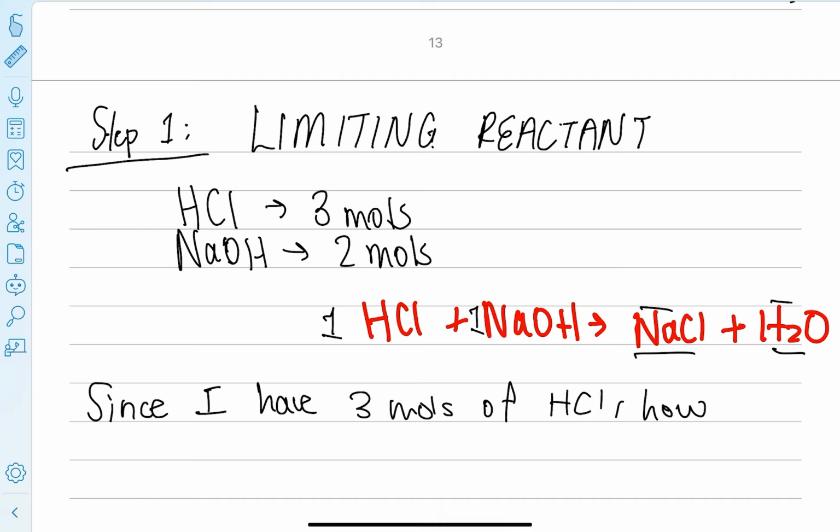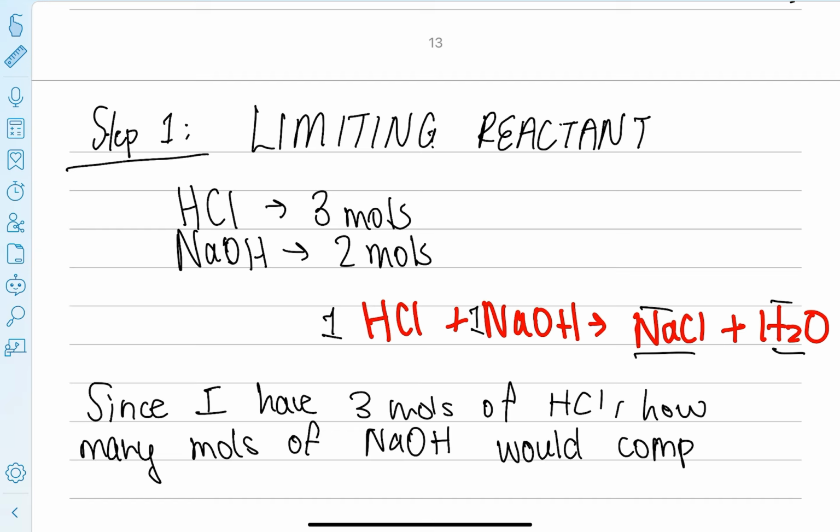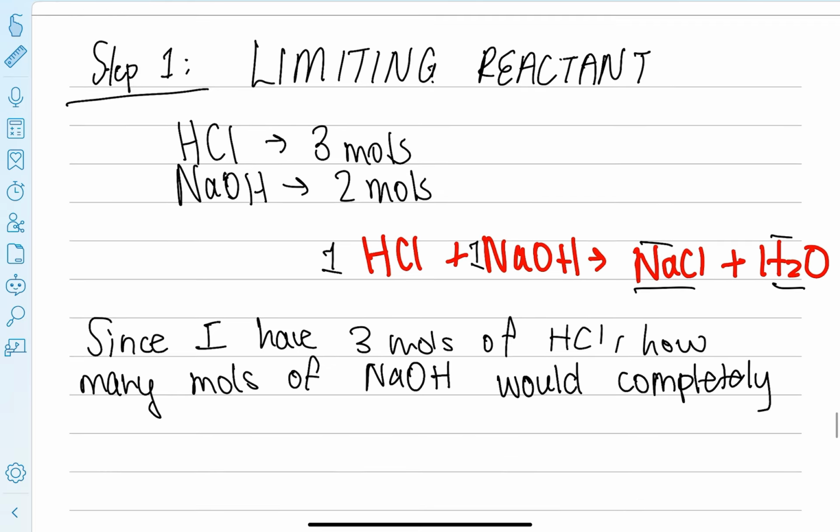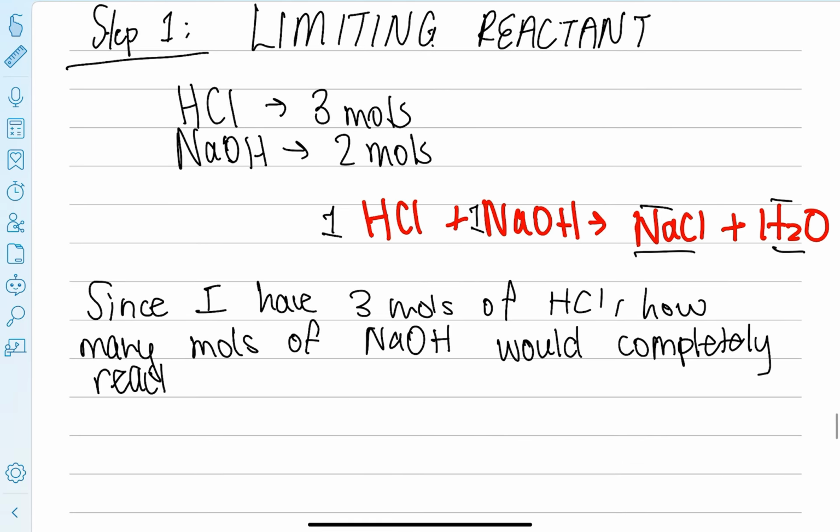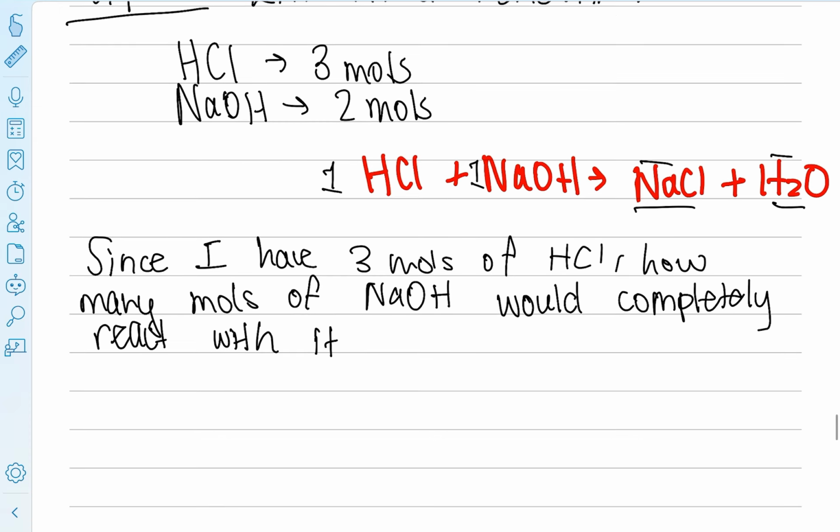How many moles, you can even write it for yourself, you can say, how many moles of sodium hydroxide would completely react with it? We're just trying to find out in an ideal situation how many moles would completely react with it. So how many moles of sodium hydroxide? Then you do a ratio. Remember, mole ratio is very important here.